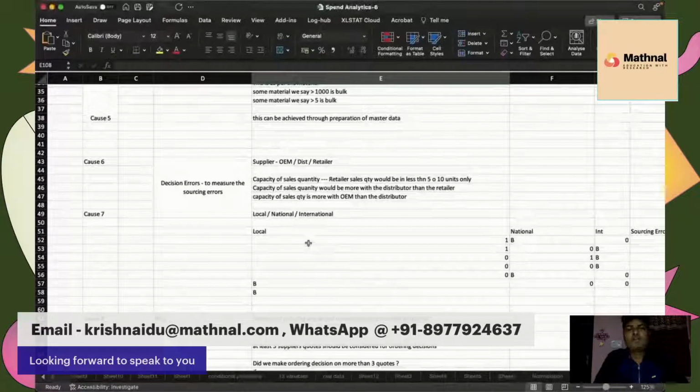Now, if you talk about cost savings percentage, let's say the target price is equal to $200, and your purchase price is $180. So what is the savings here?